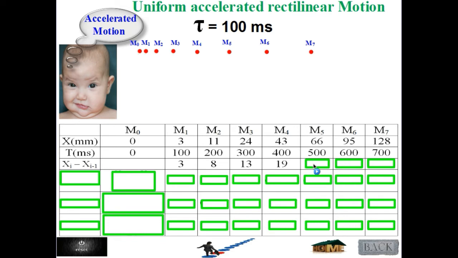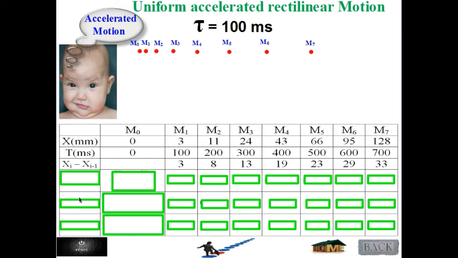Here 66 minus 43 is 23, 95 minus 66 is 29, and 128 minus 95 is 33. We notice that the displacement between the two traces is increasing: 3, 8, 13, 19, 23, 29, and 33. This indicates that this motion is accelerated. The velocity is increasing. We notice this by checking the displacement between two consecutive traces.